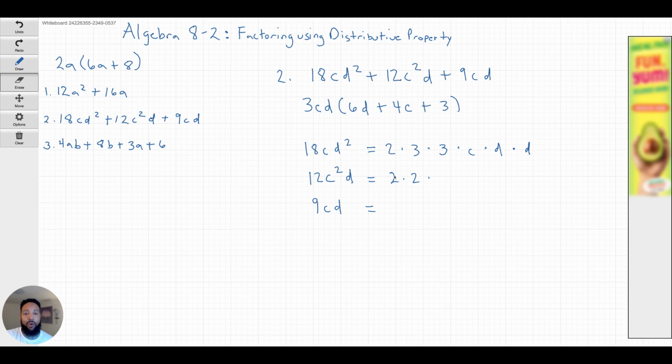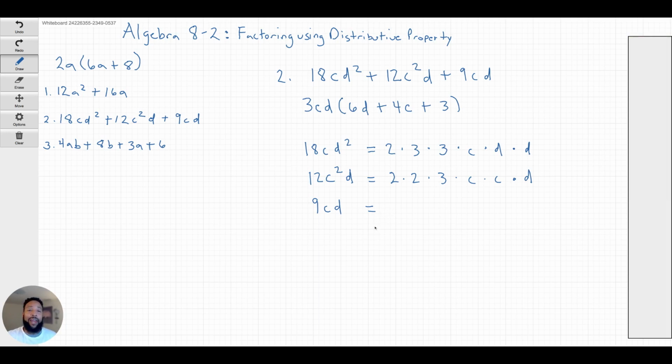So we have 2 times 2 is 4, times 3. And then we have 2 c's, so we have c times c. That gives us our c squared. And then we have d. And now this is a visual way of looking at how we factored it out if you couldn't understand what I did earlier. So here we have 3 times c times d.